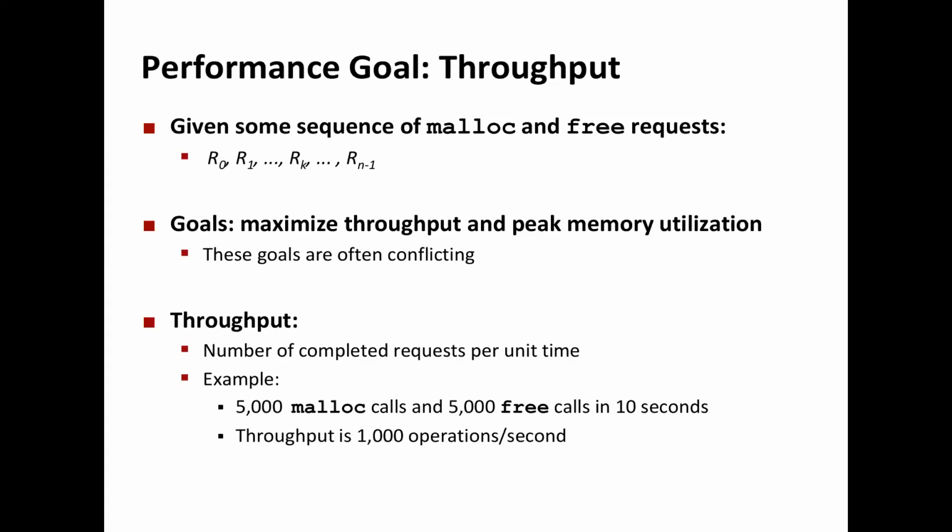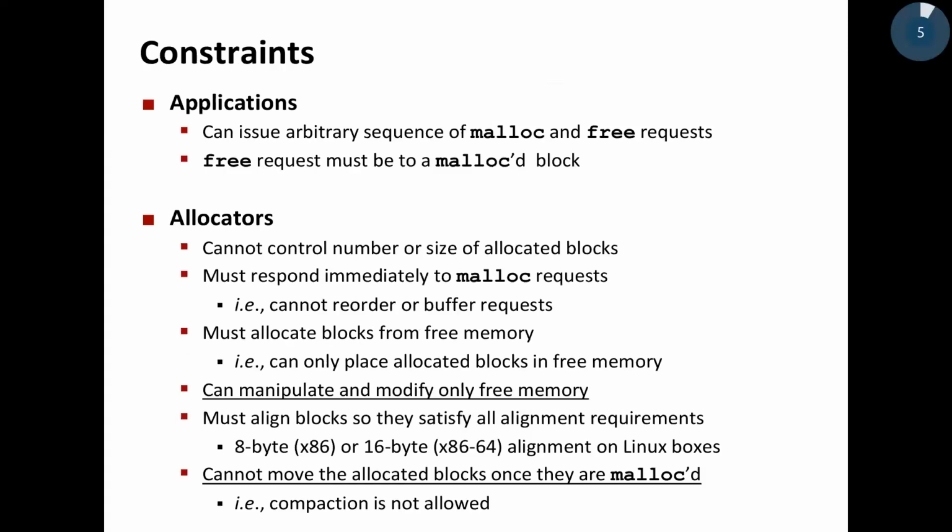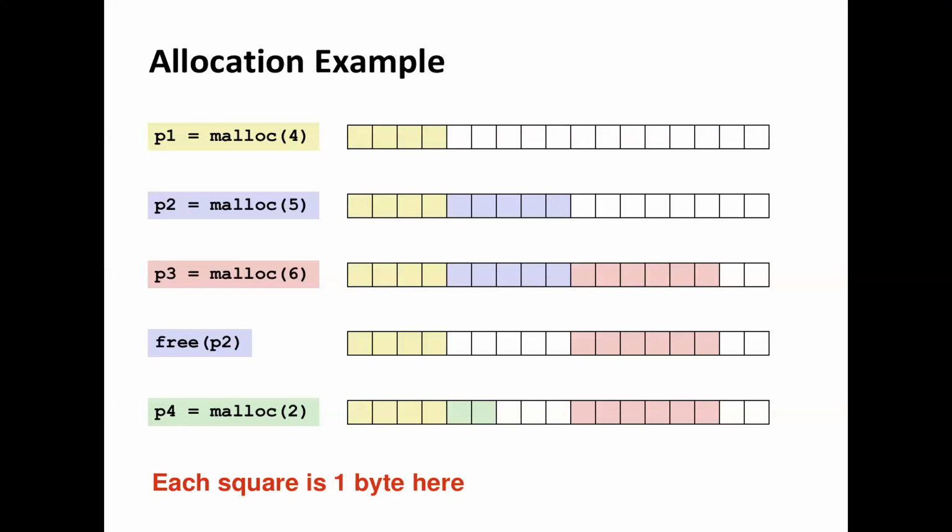But the goal of maximizing throughput and the goal of maximizing memory utilization are actually typically conflicting. For example, here I can probably maximize memory utilization if I put 2 bytes at the very end, but that can slow down things when I want to find the right block for the memory allocation. So that can make malloc slower. And vice versa, malloc can be faster, but not necessarily great in terms of memory utilization.